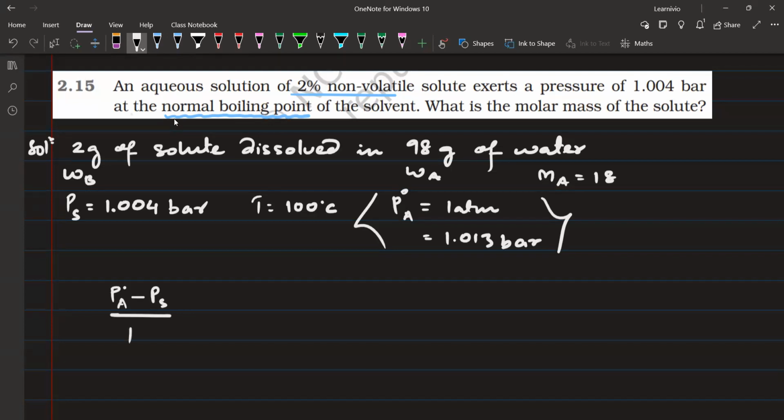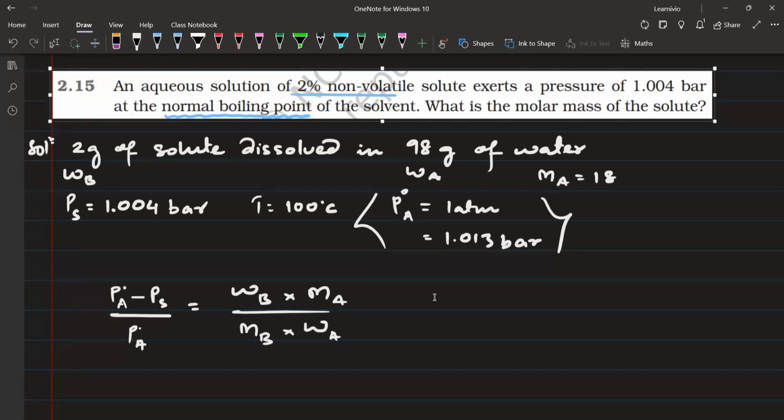P naught A minus Ps divided by P naught A will be equal to the mass of solute multiplied by the molar mass of solvent, divided by the molar mass of solute multiplied by the mass of solvent. So we can plug in the values and get the answer.